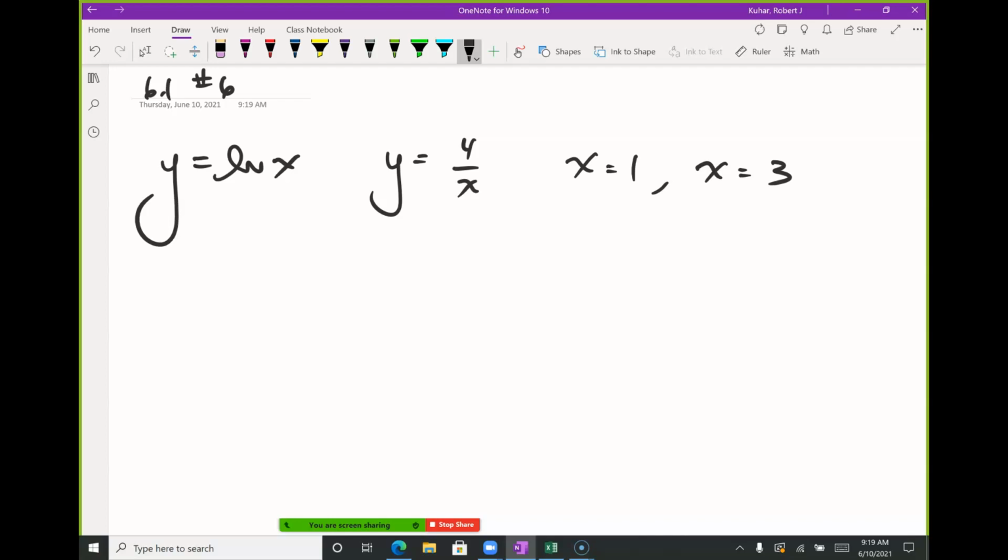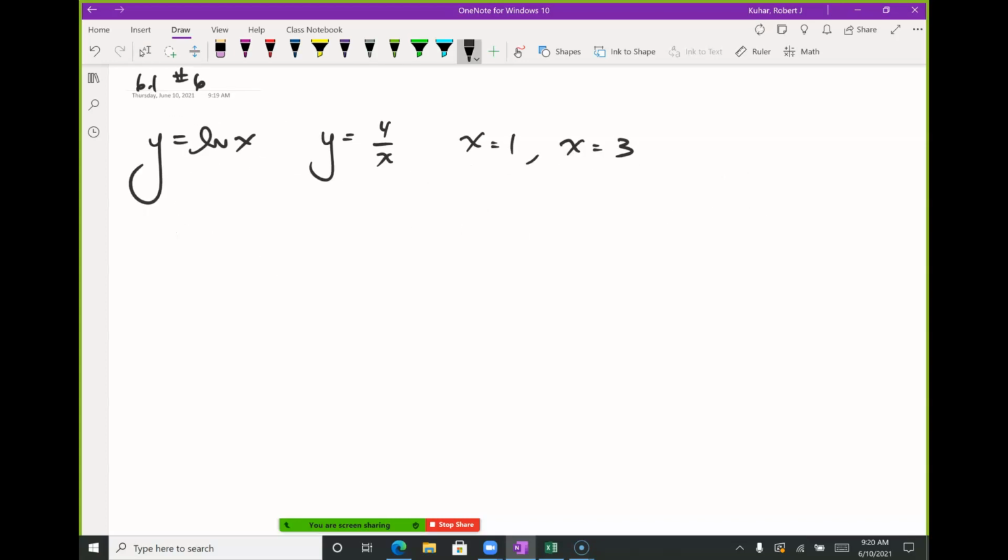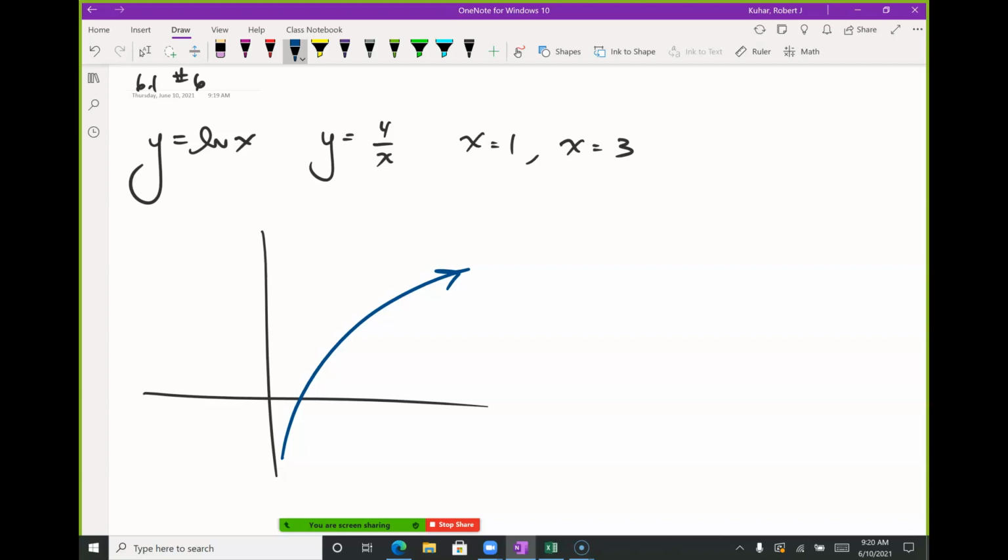So to sketch the region, draw your rectangle, and then find the area. I know what ln of x looks like, and at 1 it hits 0. And I know what 4 over x looks like.